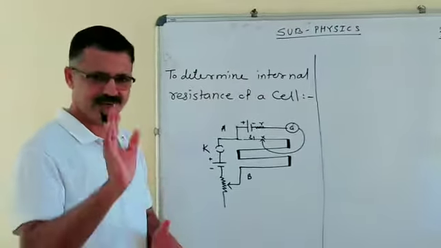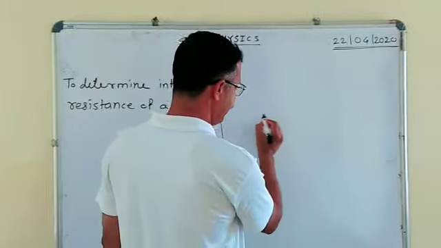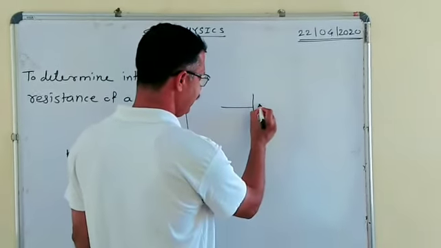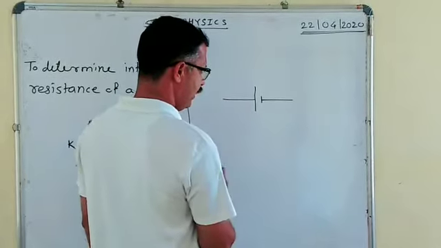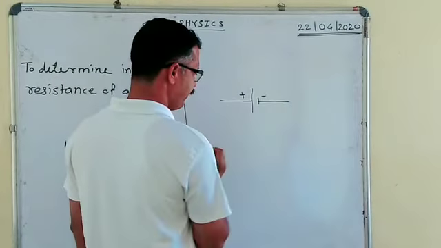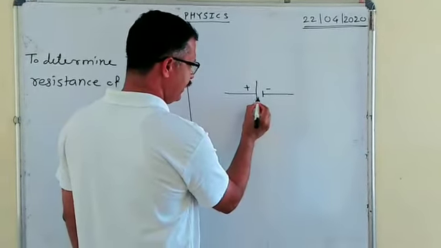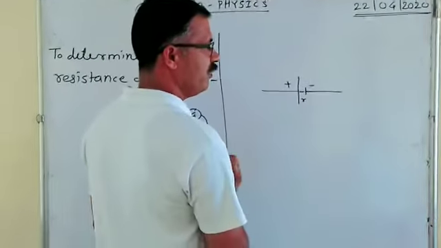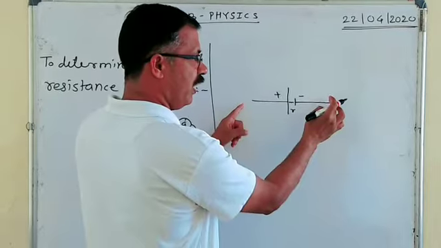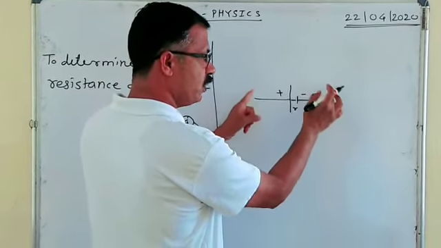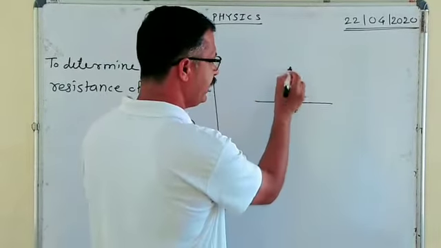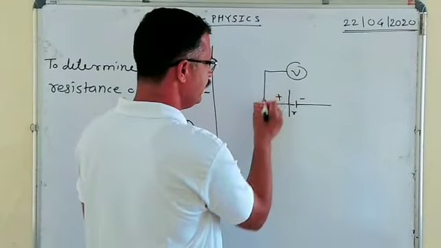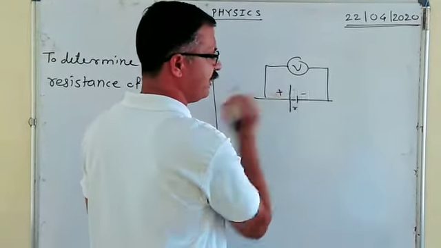cell. Friends, we already studied that if we consider a cell, then this cell has an internal resistance. When you just connect a voltmeter to it, that voltmeter measures the total potential of it.